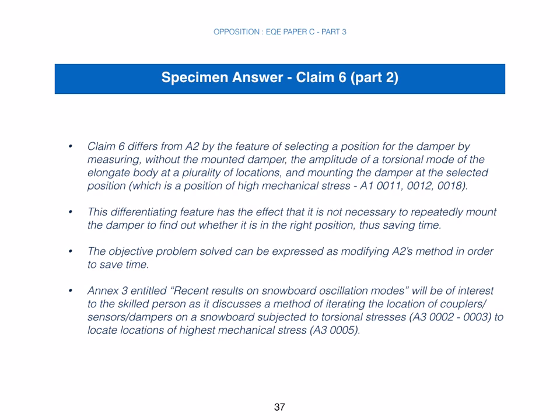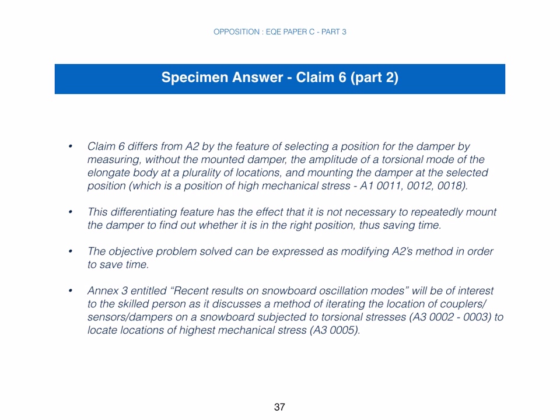Claim 6 differs from A2 by the feature of selecting a position for the damper by measuring, without the mounted damper, the amplitude of a torsional mode of the elongate body at a plurality of locations and mounting the damper at the selected position, which is a position of high mechanical stress, A1, paragraphs 11, 12, and 18.